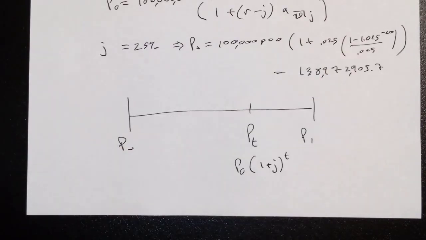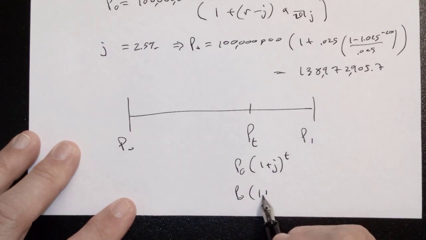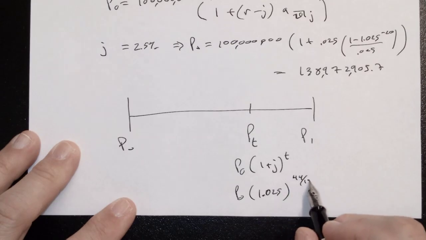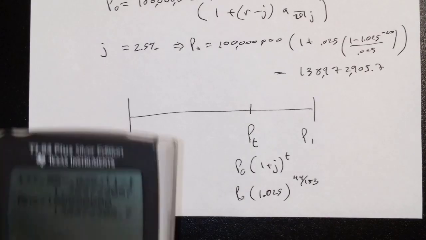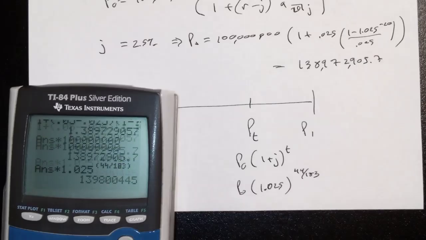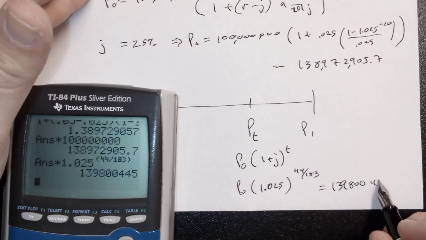So I'll take this number and multiply by 1.025 to the 44 over 183. And that'll be the price brought forward. So I take this number and I multiply by 1.025 raised to the 44 over 183. And now my value is more, 139,800,445.